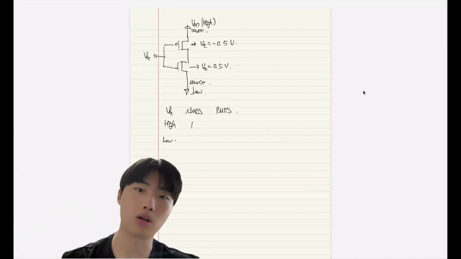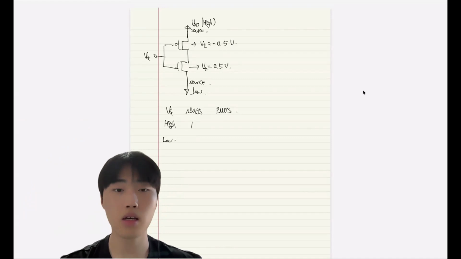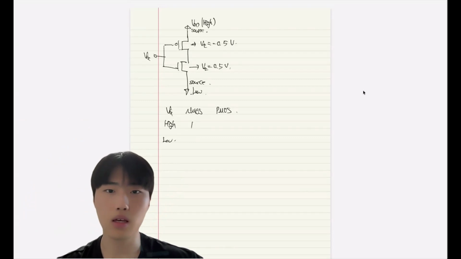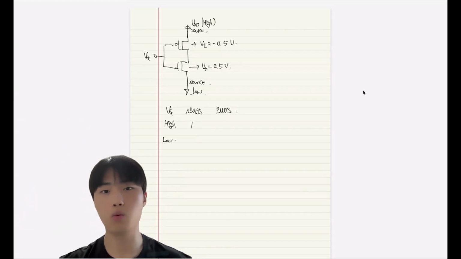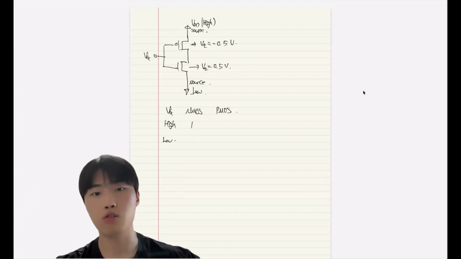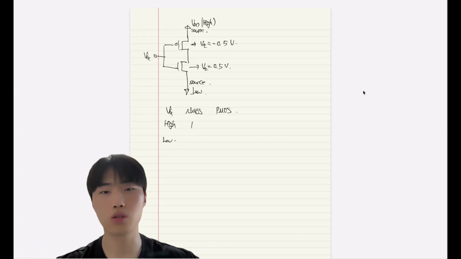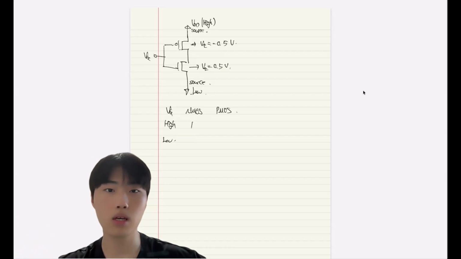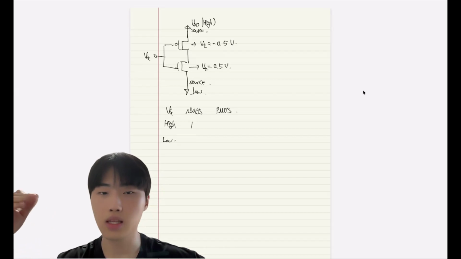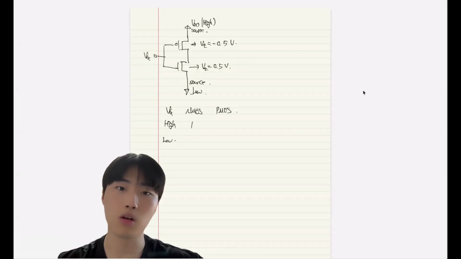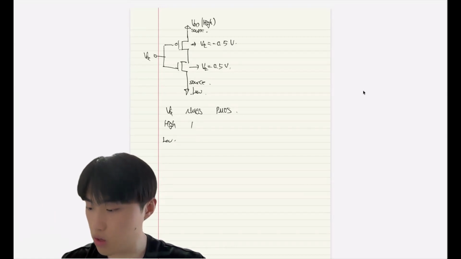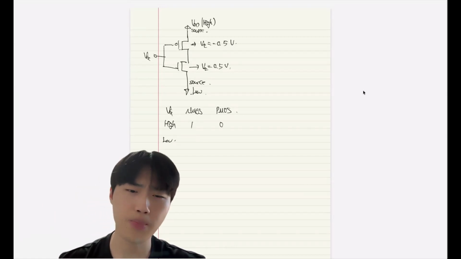So the VSG will be 0 volt, and the absolute value of the threshold voltage will be 0.5 volt. So the VSG is not bigger than, so it is smaller than the threshold voltage, so the PMOS will turn off, so it'll be zero.